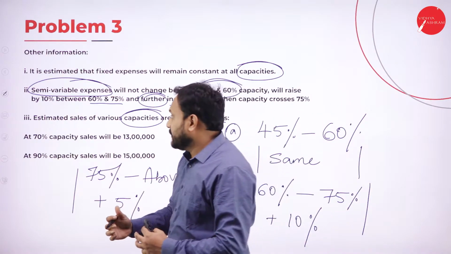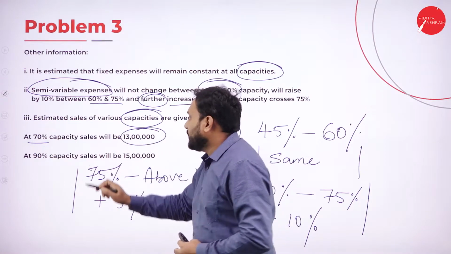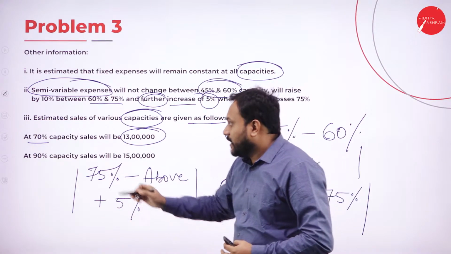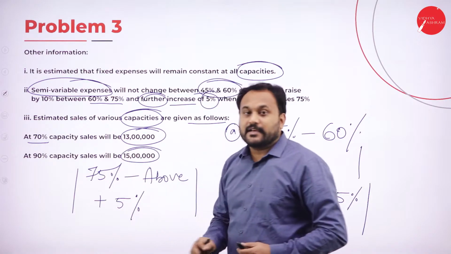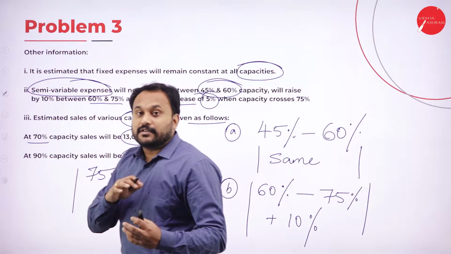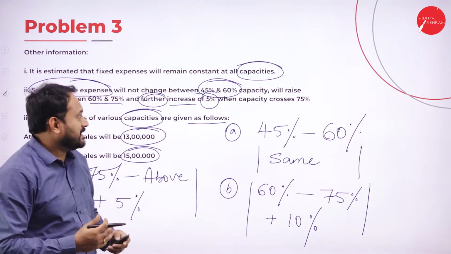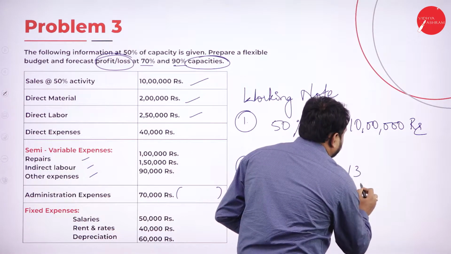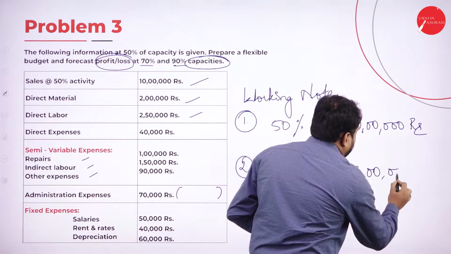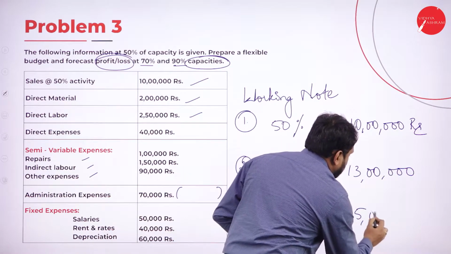At 70% capacity, sales are 13 lakh rupees, and at 90% capacity, sales will be 15 lakh. See, if they have given, you are supposed to take the same things. Now, what exactly you are supposed to do here? You should go with 70% is how much? 13 lakh. And 90% is how much? 15 lakh.